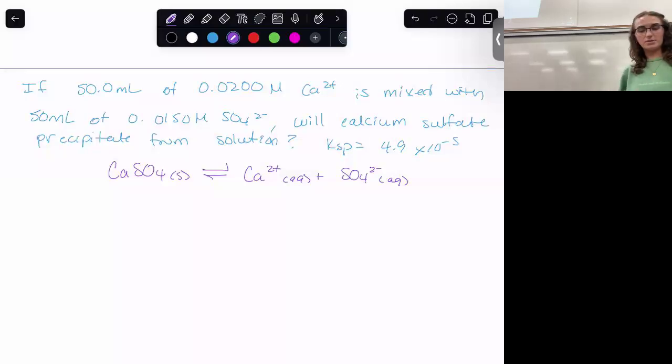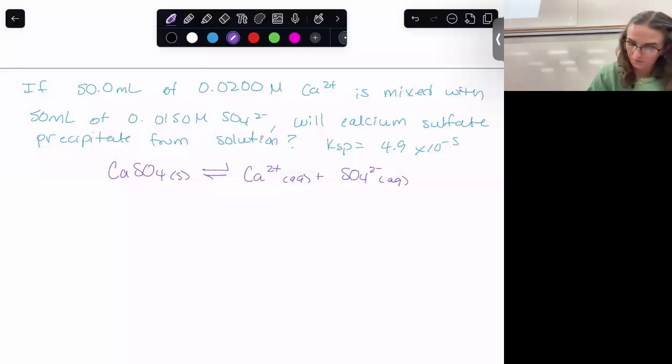We have some solution of calcium and some solution of sulfate ions. We need to figure out what we are starting with. How would we find the concentration of these ions? What are we doing when we're combining them? We're doing a dilution, right?